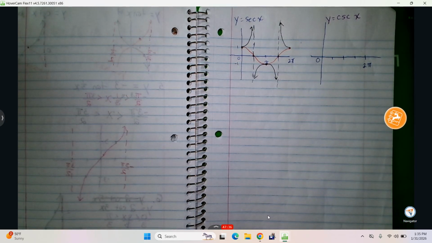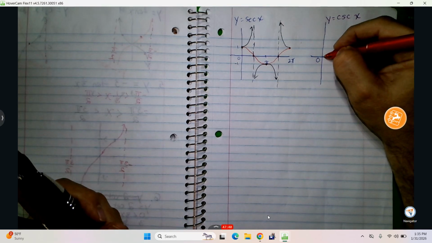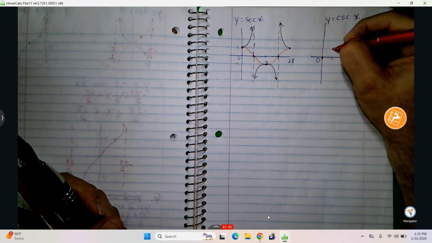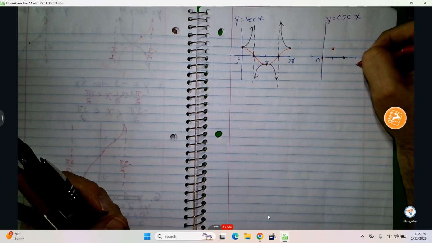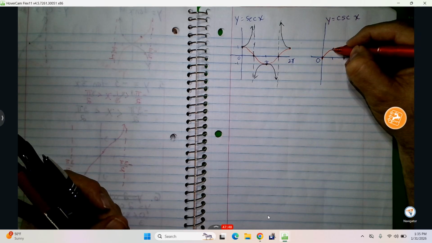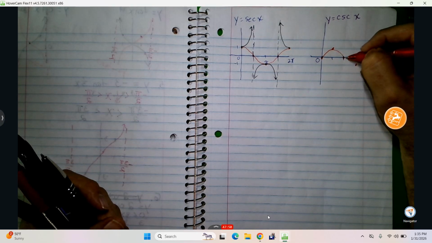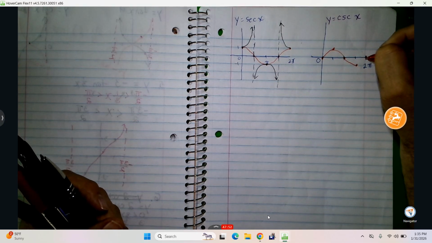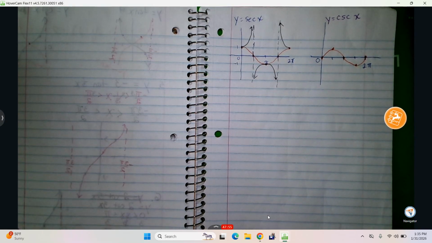Sine x is the one that looks more like an S. 1, 2, 3, 4, 5. Yeah. Now do what I did over there.